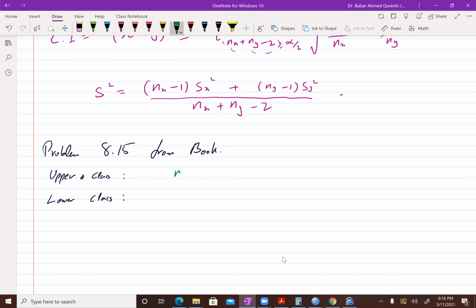You had a sample of 16 persons from the upper class. Using your sample, you had a report of their salaries, so you computed the mean of that sample, and this is the number you got. Using the sample, you can also compute the sample standard deviation, and that turned out to be 8520.